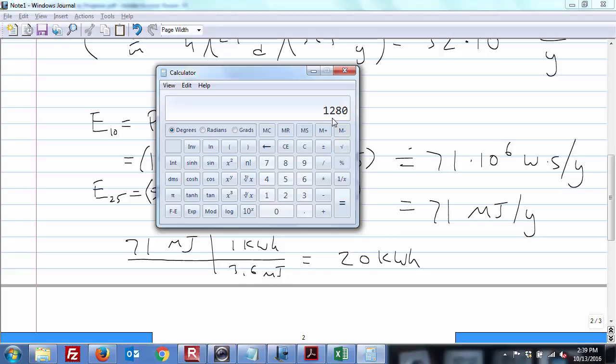And now I divide that by my 3.6, 355, right? Yeah, exactly. So now that's actually kilowatt hours, because I already divided by the 3.6. So E25 equals 355.